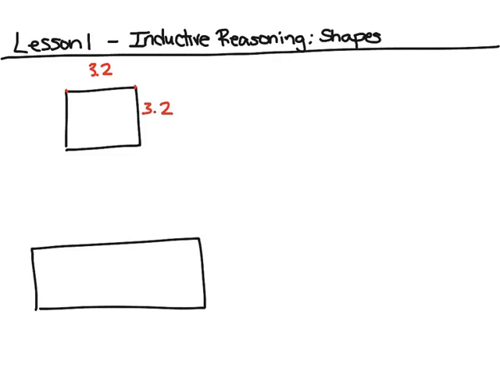So to find our midpoint, we're going to take 3.2 and divide it by 2, which is 1.6. So I want you to measure 1.6 on each side, and then I want you to take your straight edge and draw straight lines between all the midpoints. Next thing I want you to do is pause the video and measure the lengths of all the midpoints.